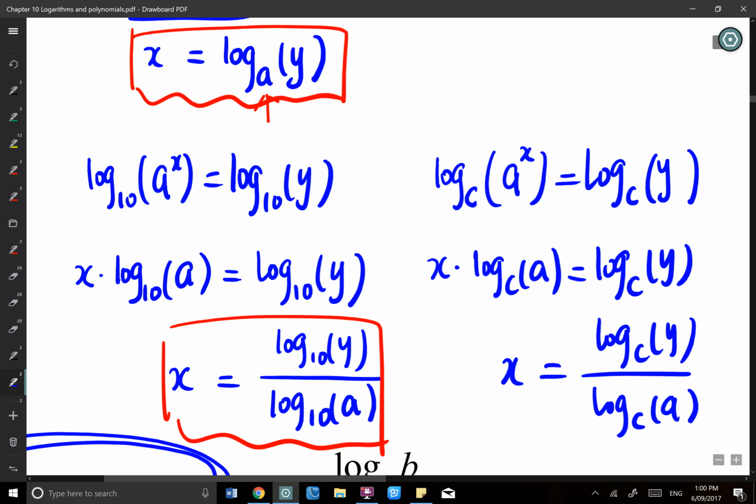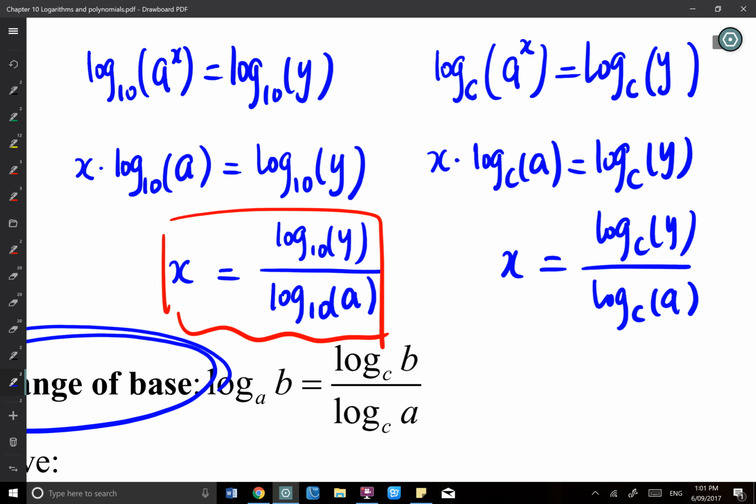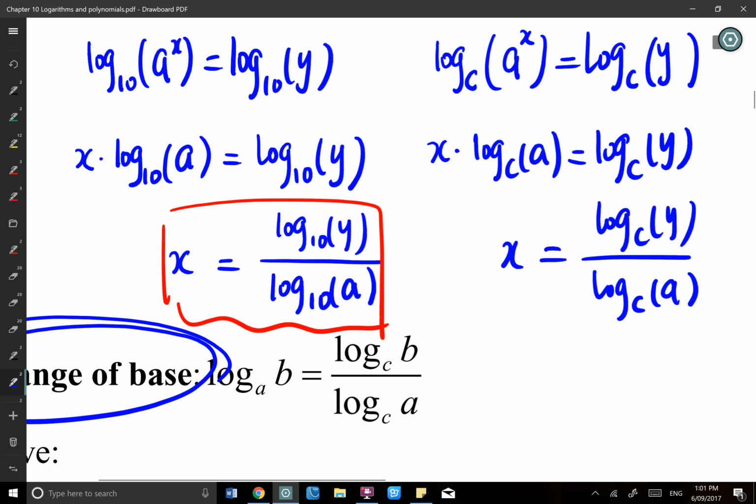Can I have a look? c and c, 10 and 10. I can change that c to any number. Base 10 is fine, base 8 is fine, base half is fine. That's the change of base formula. And what is equivalent to that?